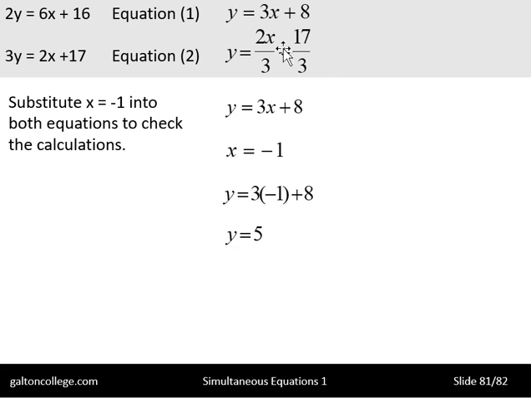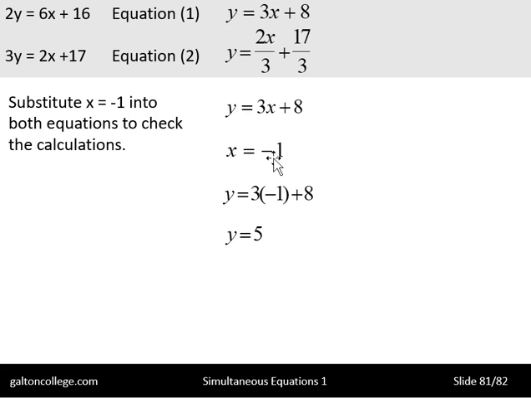All we did was start off by taking 3x plus 8 equal to 2x over 3 plus 17 over 3. We set that equal to that because y is the same, so the two of these are the same. Now you've got one equation, one variable, x, so you can solve for x.